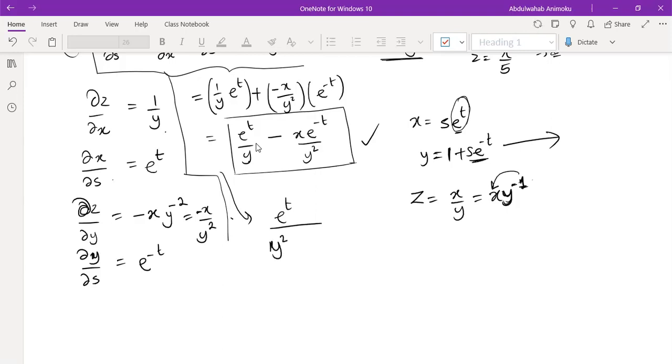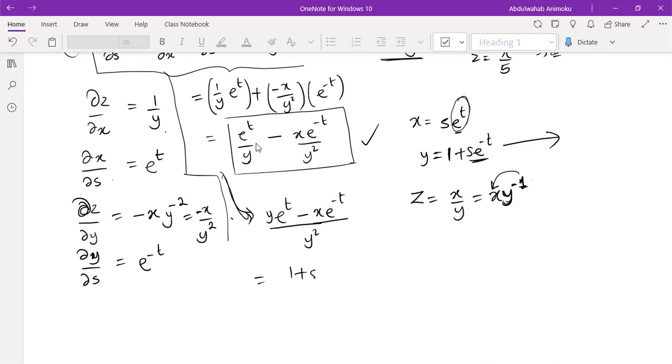So you have y squared, so you have y e raised to power t minus x e raised to power minus t. So let me just write it clearly. You can first of all simplify this by taking the LCM and simplifying the terms. And from here, you can put what y is.